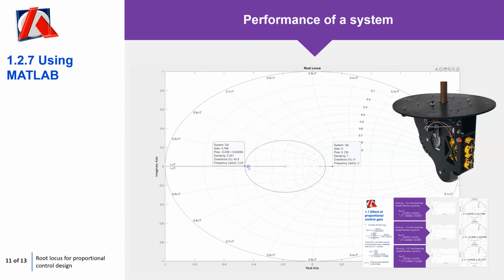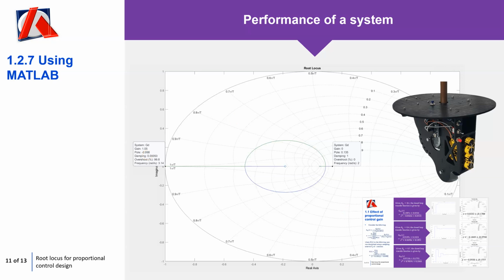The natural frequency is changing, and the overshoot and damping. You then get up to the point where your gain value is on the imaginary axis, on the unit circle, at 1.05.